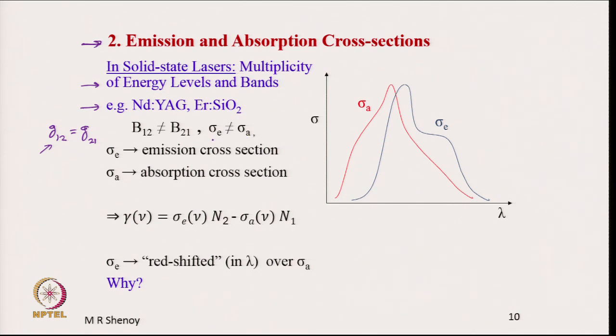We had assumed so far that the emission cross section and absorption cross section are the same, and we simply used one parameter, sigma, and said that this is the cross section.